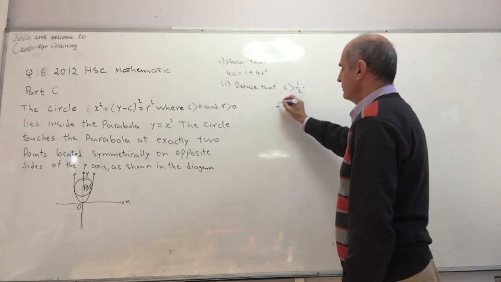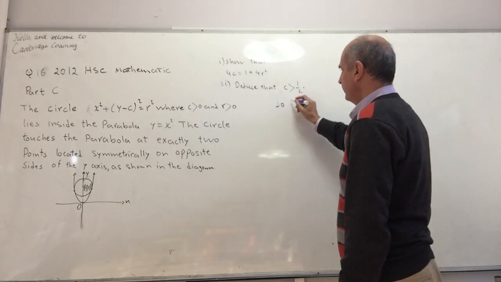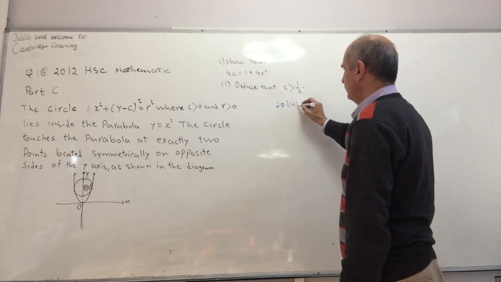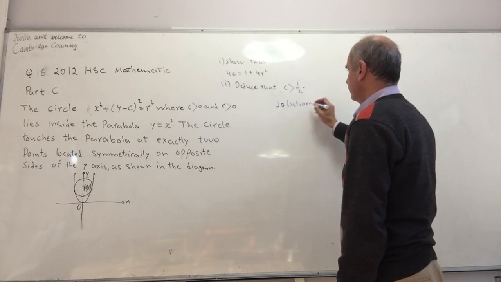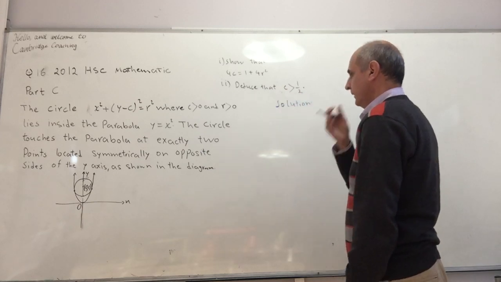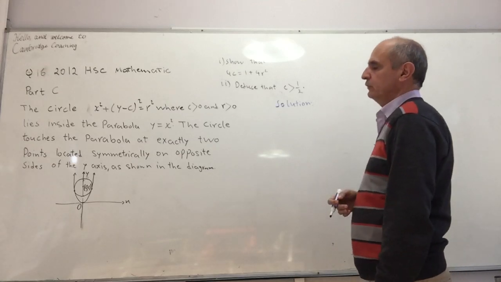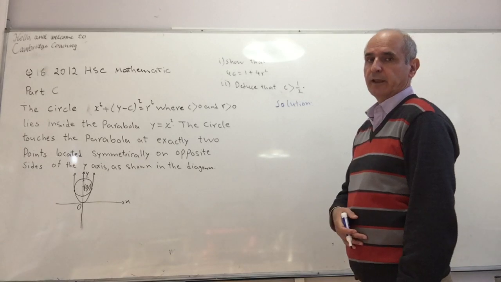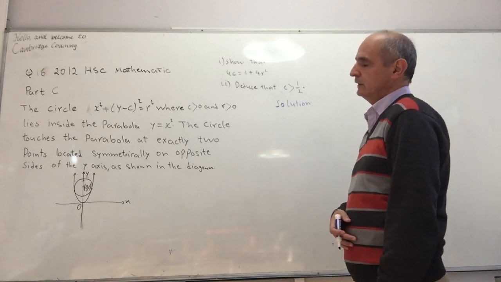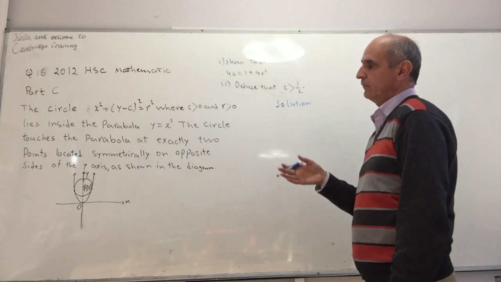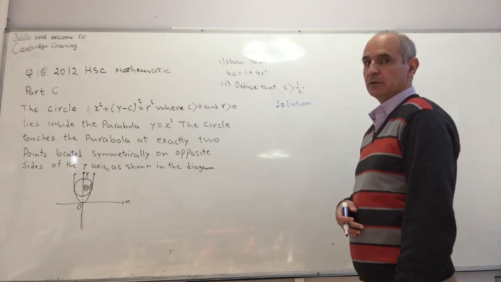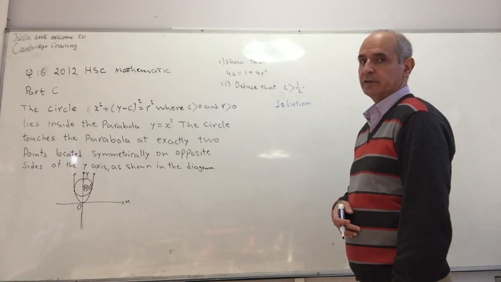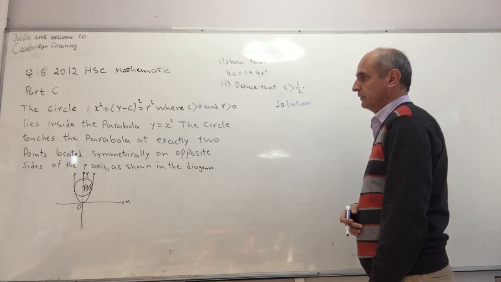To answer this question, we use the fact that when two curves are tangent to each other, when you solve them simultaneously, you should get one answer. So that means that if you have a quadratic equation, its discriminant must be equal to 0.